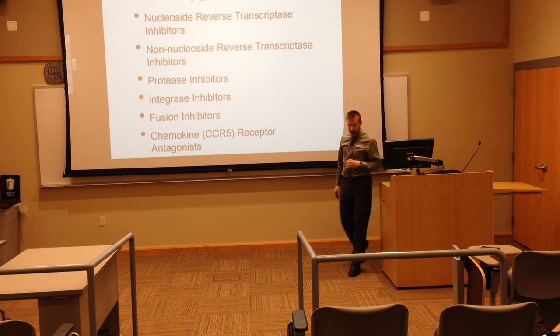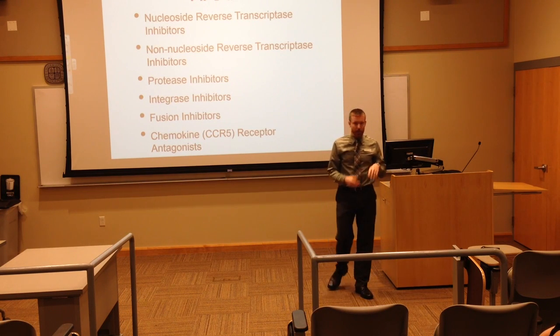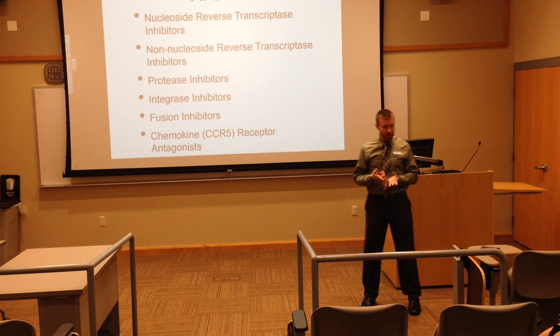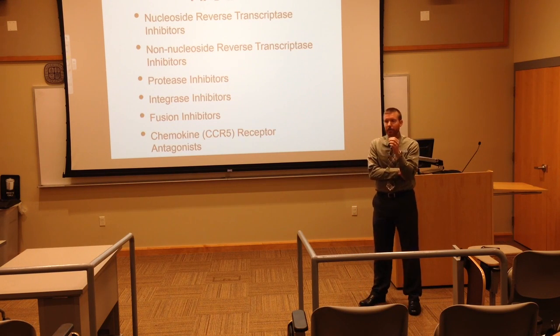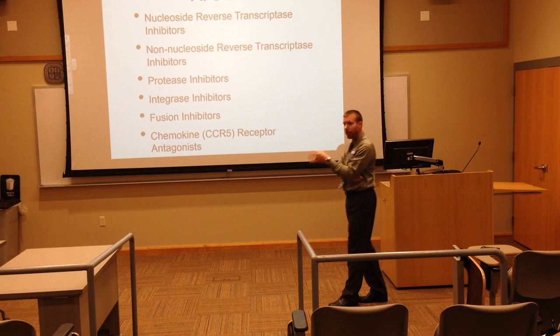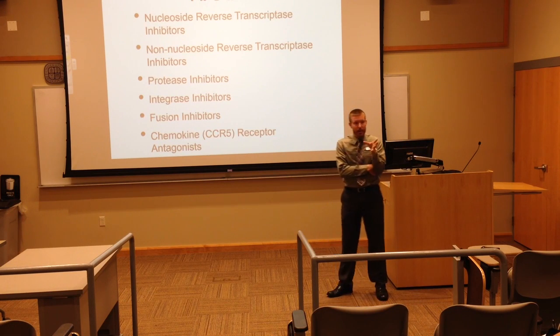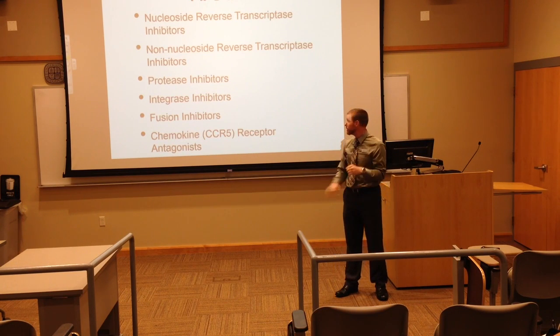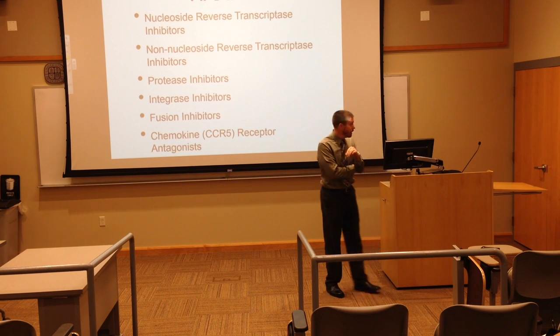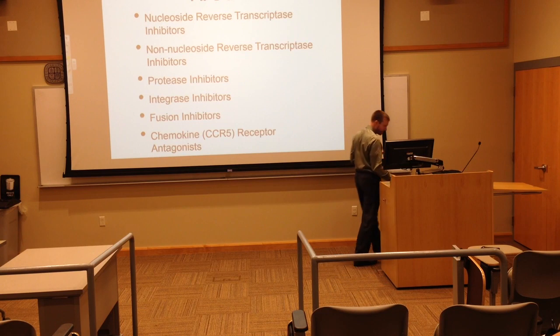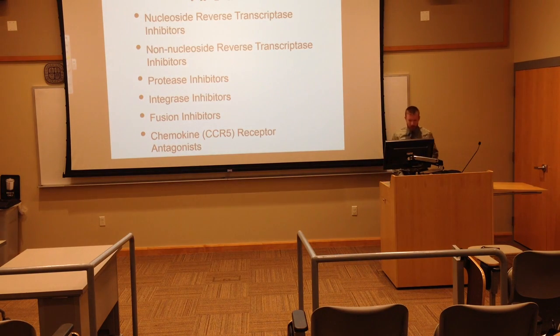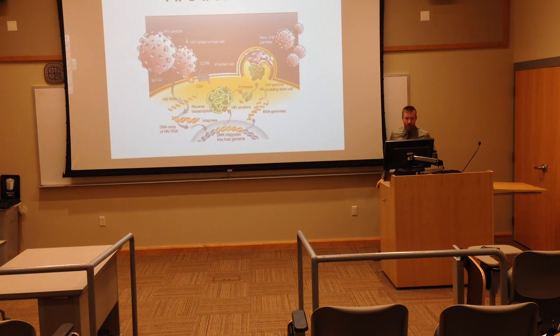So HAART is highly active antiretroviral therapy. We have our nucleoside reverse transcriptase inhibitors, our non-nucleoside reverse transcriptase inhibitors, protease inhibitors, fusion inhibitors, and chemokine receptor antagonists. I'll talk more about the importance of the chemokine receptor antagonist later. That's where a lot of the newer research is and where a lot of the new targeted drug therapy is.